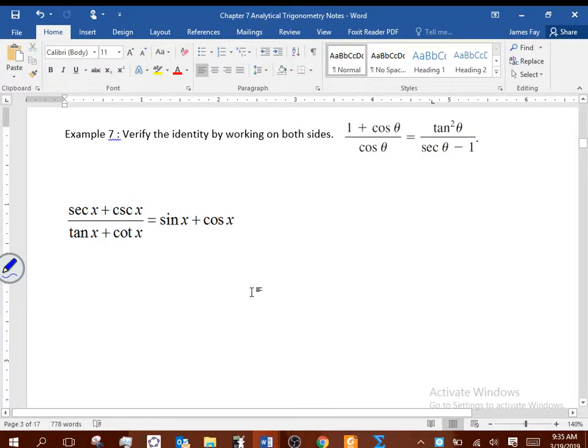All right, so this is just another one where we're proving our identity. As with the other ones we've done so far, we're first going to think about which side probably looks more complex to us, and we're going to pick that side apart. Which side do you think is more complex here? Left-hand side. So I'll give you a minute to write that down, and we'll pick that left-hand side apart.